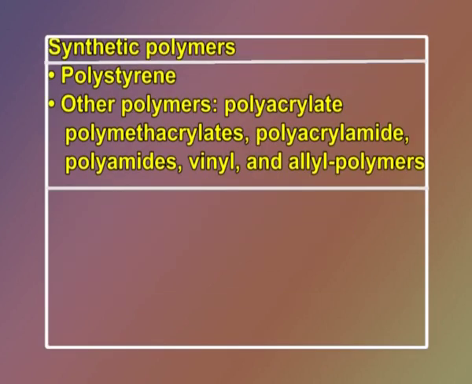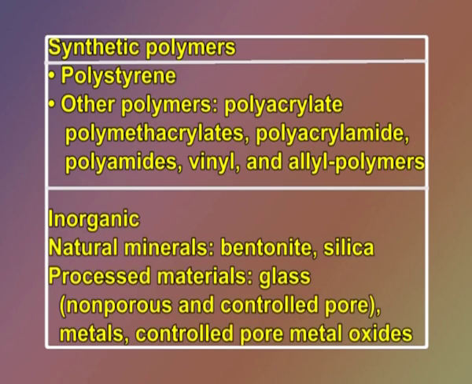Synthetic polymers include polystyrene and other polymers such as polyacrylate, polymethacrylate, polyacrylamide, polyamides, vinyls and allyl polymers. Inorganic polymers include natural minerals such as bentonite and silica, processed materials such as glass, both non-porous and controlled pore, metals, controlled pore metal oxides, etc.